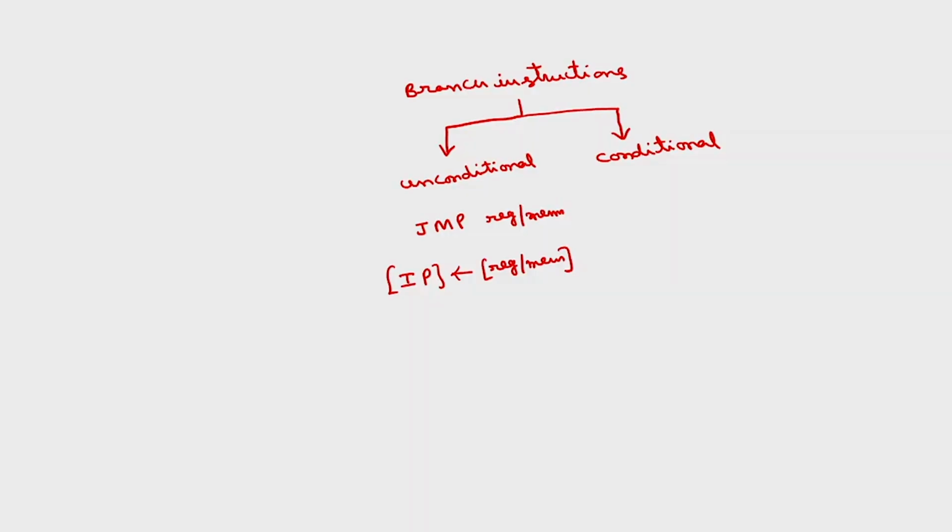If you want to execute the instruction which is located at a particular address, then you have to write simply jump comma that address. If I take an example, JMP BX, where BX contains 5000. I will come to the conditional instructions later. So this is the code segment, and the microprocessor is executing the instructions one by one.